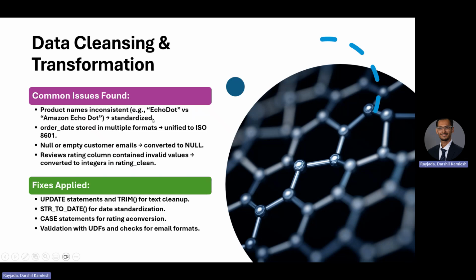These are the common issues found, and over here the example given was the Amazon Echo Dot. Echo Dot is a smart speaker made by Amazon. It connects to a cloud-based voice assistant, Alexa, which, as everyone knows, plays music and does our daily stuff. So instead of Echo Dot, it becomes Amazon Echo Dot, the standardized format.